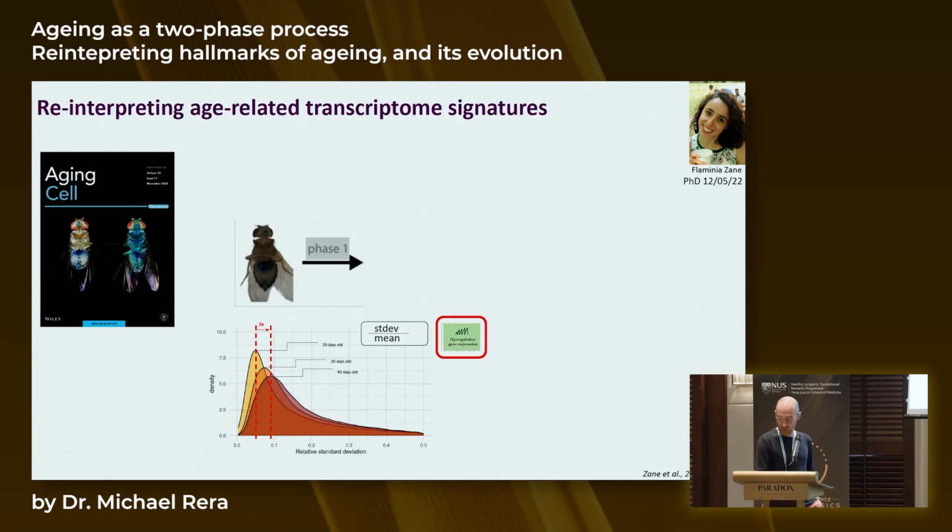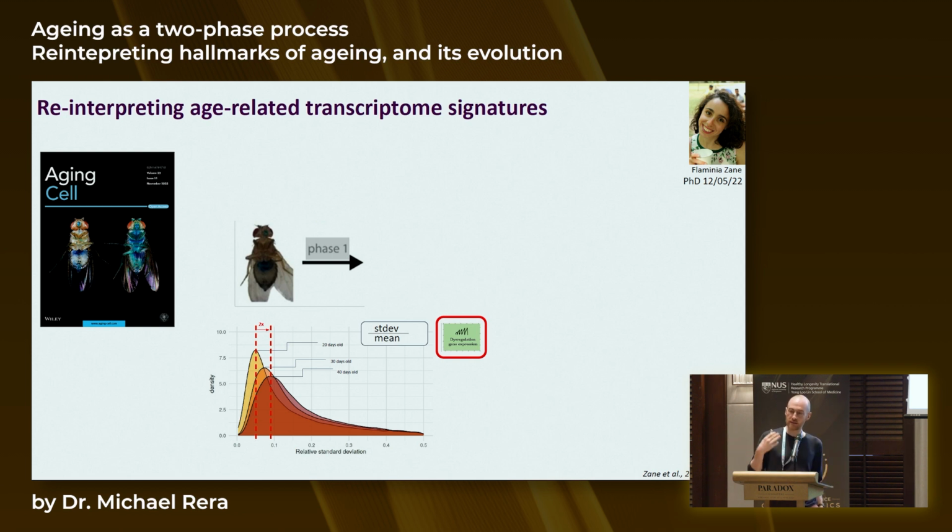With further analysis, we could show in a paper that was published last year in Aging Cell that during the first phase of age, the only major changes that we observe in the flies is an increase of the gene expression noise across the replicates, with a twofold increase of the standard deviation per gene as individuals get older.